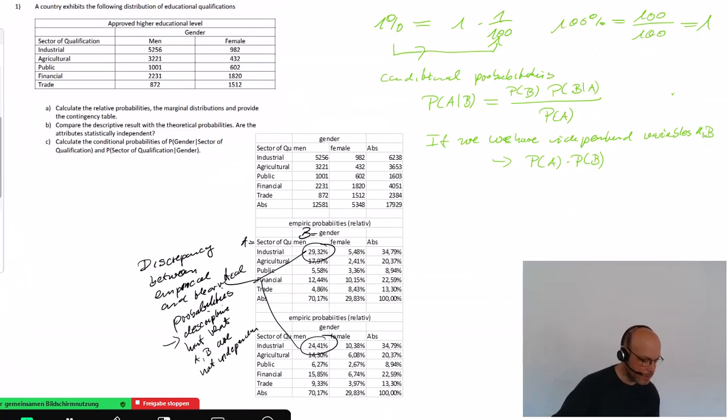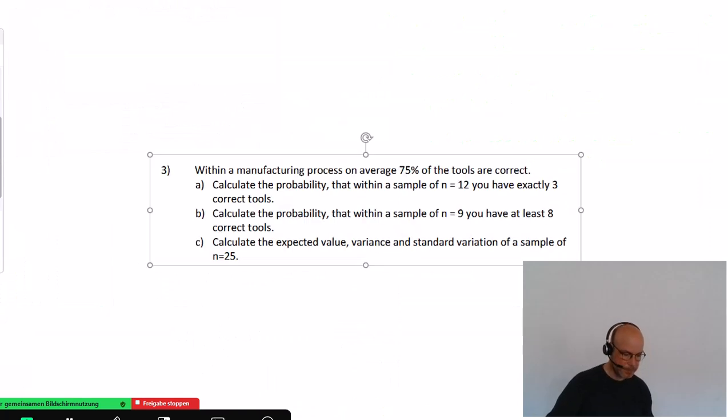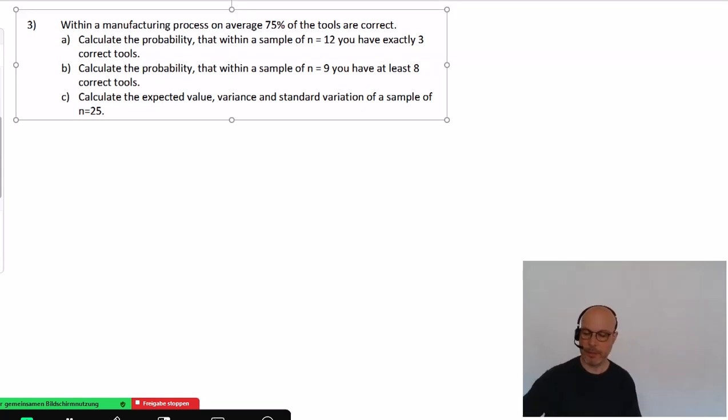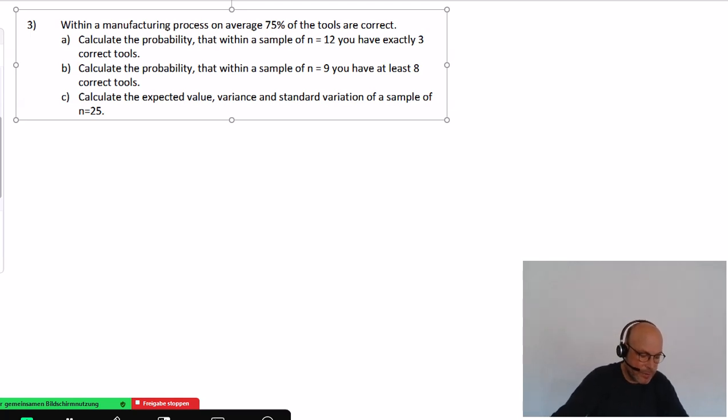But at first, let's do again an example using the binomial distribution. So within a manufacturing process, on average, 75% of the tools are correct, so everything is okay.